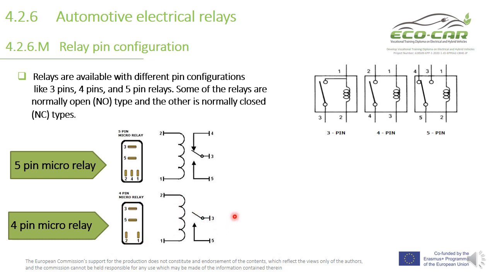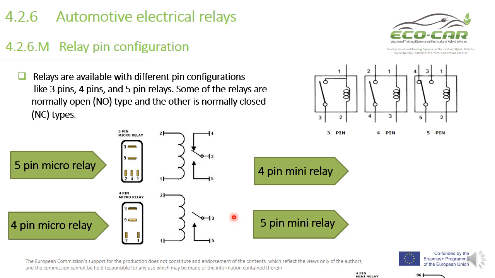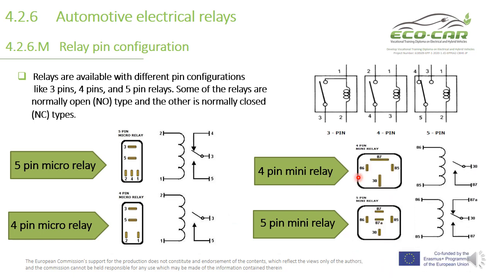What about the other, which is called N relays? This is with 4 pins, this is with 5 pins. This is here also the coil with 2 contacts, and this is also the coil with 5 terminals.